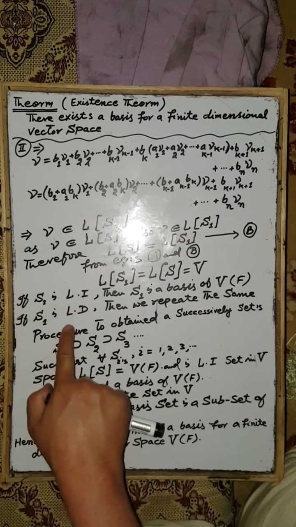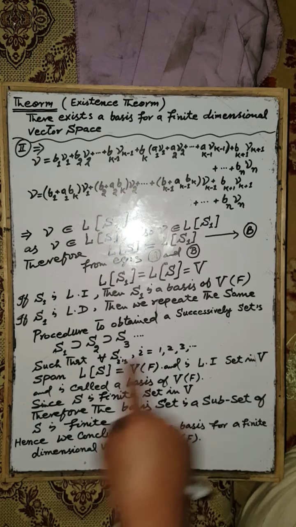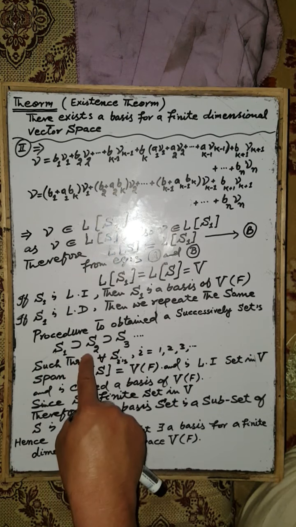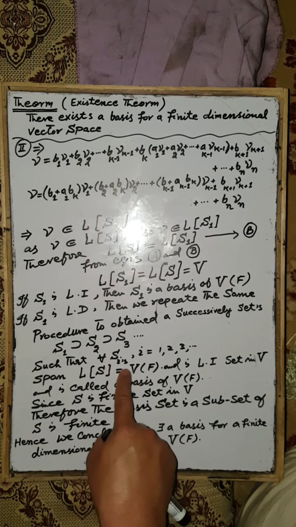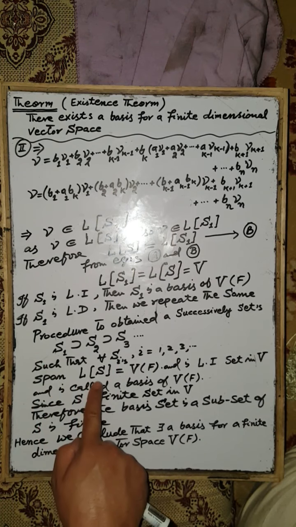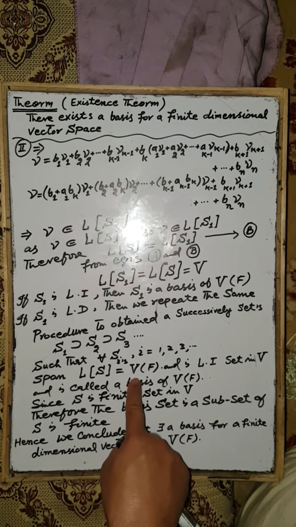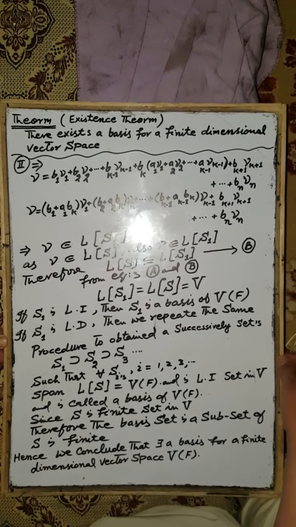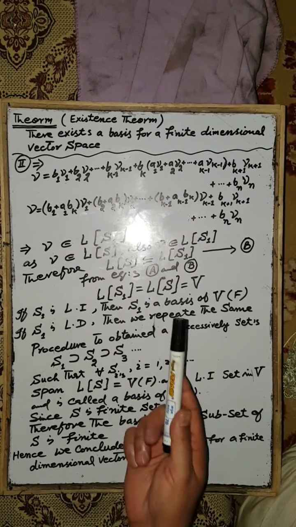But if S1 is linearly dependent, then we repeat the same procedure to obtain successive sets S2, which is a subset of S1, S3, which is a subset of S2, and so on, such that each subset Si of the set S1 spans the set spanned by S, and the set spanned by S is equal to the vector space V over the field F. According to this condition, we repeat the same procedure as above.